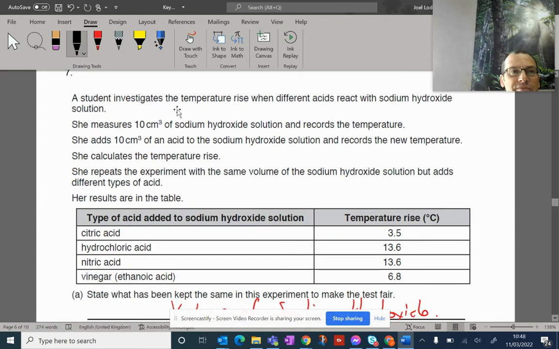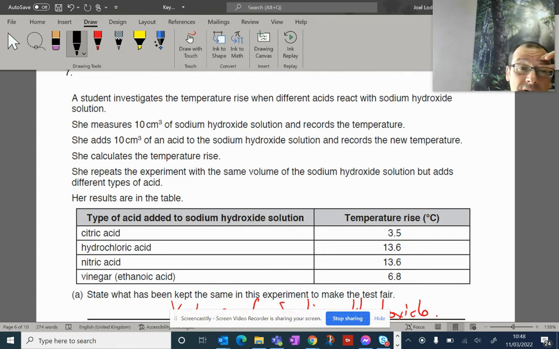So this is very much like the investigation we did in class. A student investigates the temperature rise when different acids react with sodium hydroxide solutions. She measures out 10 centimetres cubed of sodium hydroxide and records the temperature. She adds 10 centimetres cubed of an acid into the sodium hydroxide and records the new temperature.